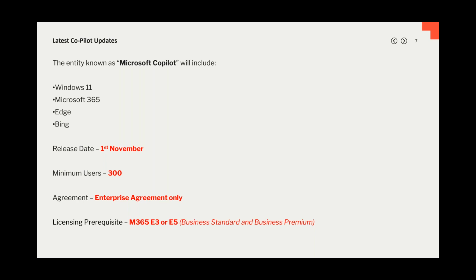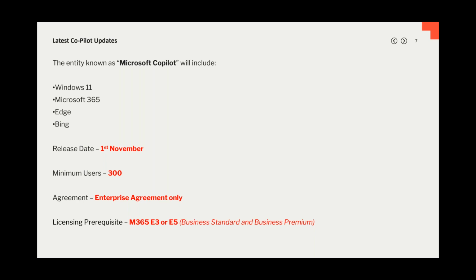On release on the 1st of November, you have to have a Microsoft Enterprise agreement, you have to buy a minimum of at least 300 licenses, and you have to have Microsoft 365 E3 or E5. That's an awful lot of prerequisites, and quite a high bar for that first order. You have to order at least 300 licenses. Interesting.